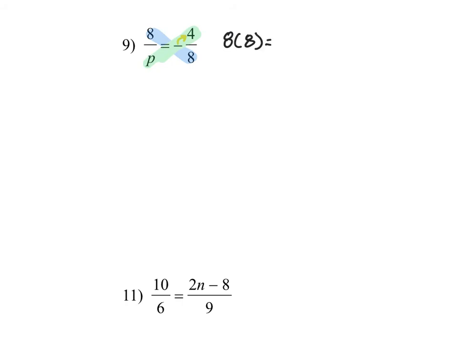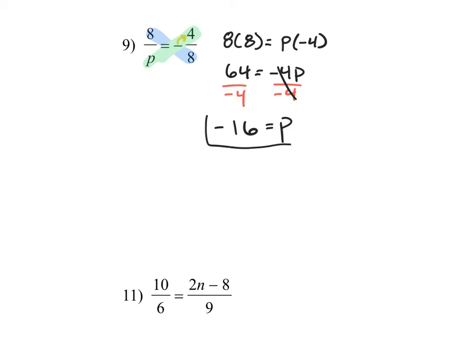And then with my green, it is p times a negative 4. As those simplify, 8 times 8 is 64. P times negative 4 is negative 4p. To undo multiplying by negative 4, you've got to divide it. And you end up getting p is equal to negative 16.